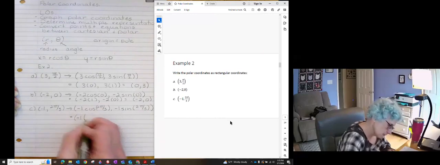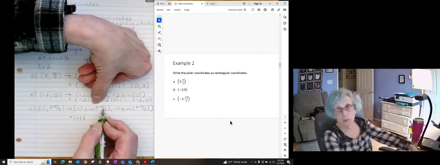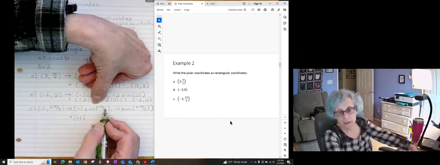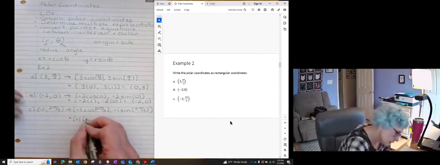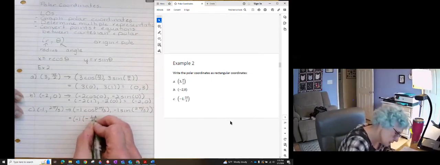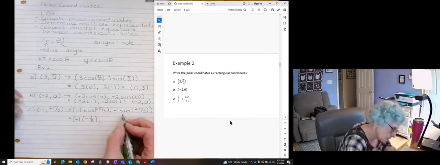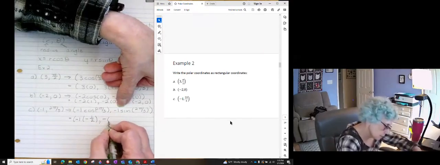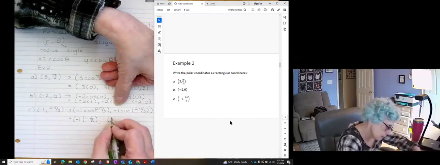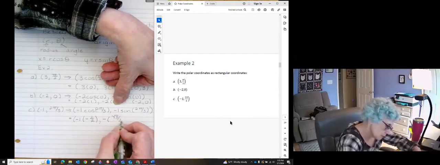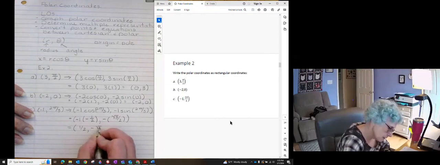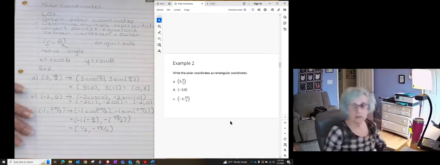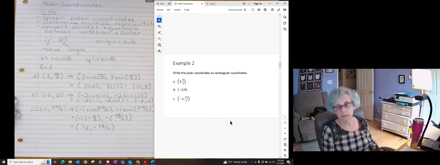Cosine of 2 pi over 3, 3 in the denominator, cosine's a half. 2 pi over 3 is in quadrant number 2, so -1/2. And then -1 times sine of 2 pi over 3, square root of 3 over 2. So this is 1/2 and negative square root of 3 over 2.